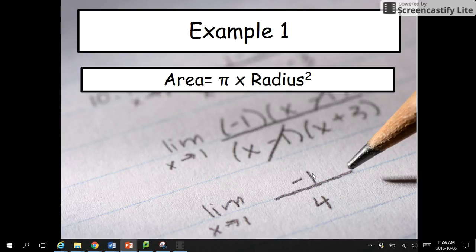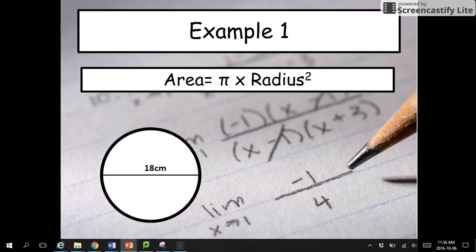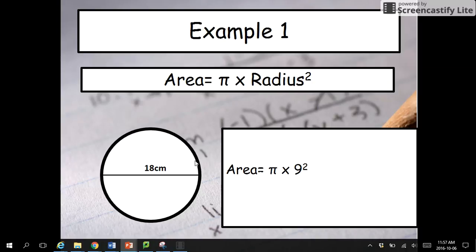Now, something else I want to show you. We've learnt that the area is pi times radius squared, haven't we? But they've now gone and given us a circle with a diameter of 18 centimeters. Now we know how to do radius squared. What do we do when we have got a diameter?